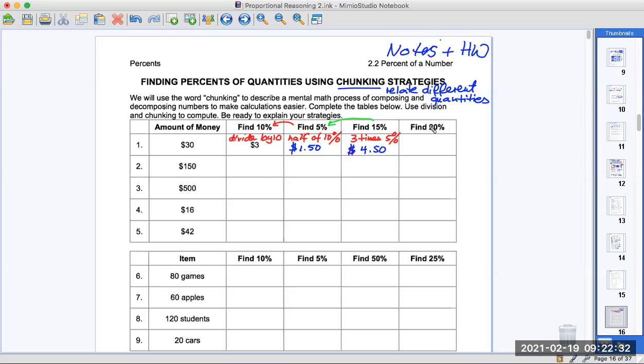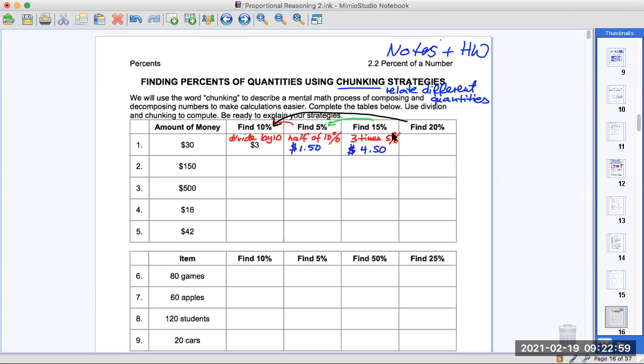Okay, and last I have to find 20%. Well, I cannot relate or chunk together 20 and 15 because 15 doesn't go into 20. I don't see a multiplication relationship. So I'm going back to the 10%. So I'm going from here and relate it to this because I see 20 is twice 10.